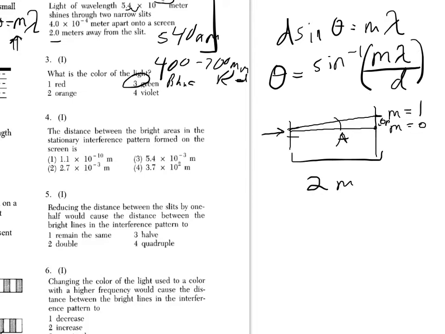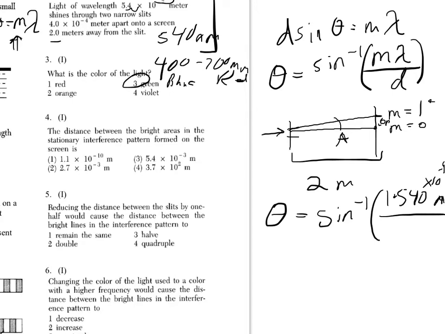If we plug in the numbers from this problem, theta equals the inverse sine of, I'm looking at the 1 spot, 1 times the wavelength of 540 times 10 to the negative 9th meters, over the distance between slits. Remember, d is the distance between slits, 4 times 10 to the negative 4th meters. And I get that theta is 0.077 degrees.